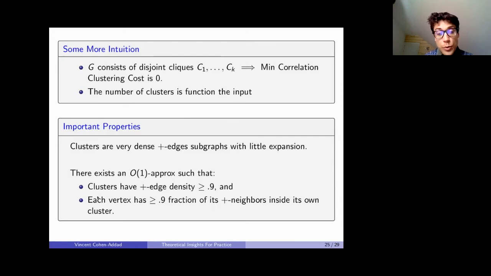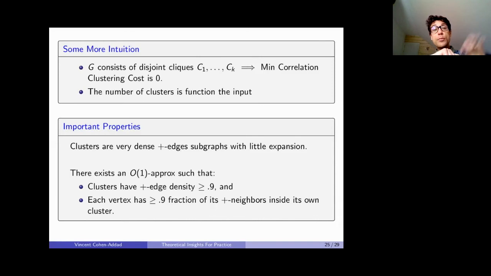And then there is this second bullet, which is also nice: each vertex has 0.9 fraction of its plus neighbors inside its own cluster. Because if you give me a solution where 20% of my plus neighbors are outside, then I can make this vertex a singleton.